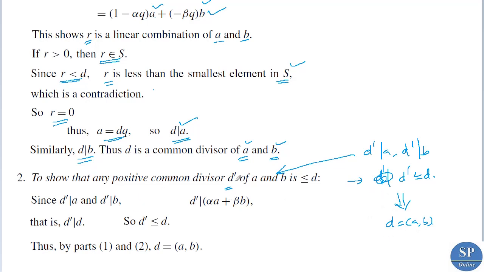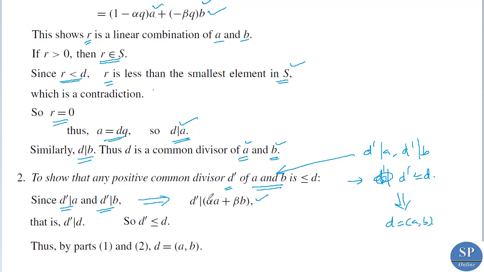So suppose D dash is a common divisor of A and B. Now we get D dash divides A and D dash divides B. This implies D dash divides alpha A plus beta B, by that theorem: if D dash divides A and D dash divides B, then D dash divides any linear combination of A and B. That we already proved in the previous lectures.